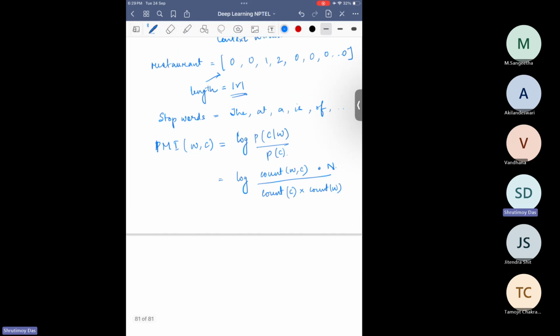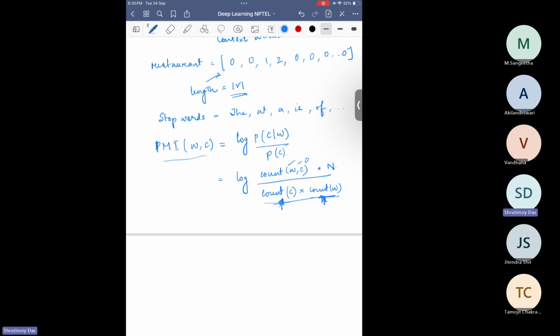In a sense, if some context word C appears a lot of times, and some word W appears a lot of times, then this product will be large, because these two are large numbers. If they also occur together a lot, this quantity will be high. But say C occurs 100 times and W occurs 100 times, but they never occur together, so this count becomes 0, then you have a low PMI.